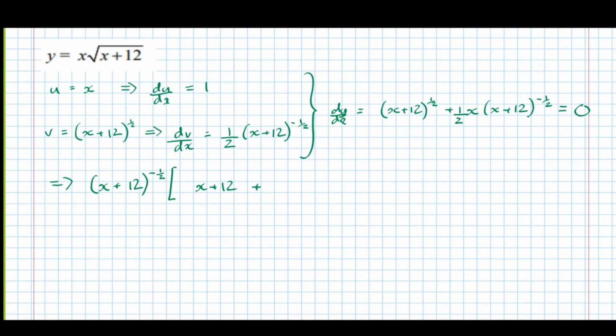Plus, and what do we do to get from there to there? We just times by half x, equals 0.